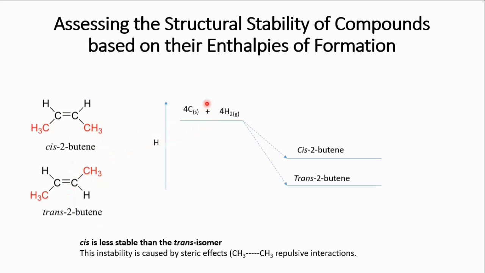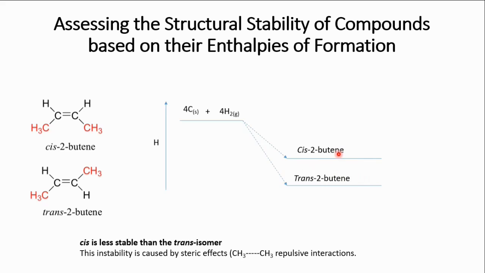Both of them are formed from carbon and hydrogen. However, the enthalpy change of formation of cis-2-butene is higher than the enthalpy change of formation of trans-2-butene. This tells us that cis-2-butene is less stable than trans-2-butene.